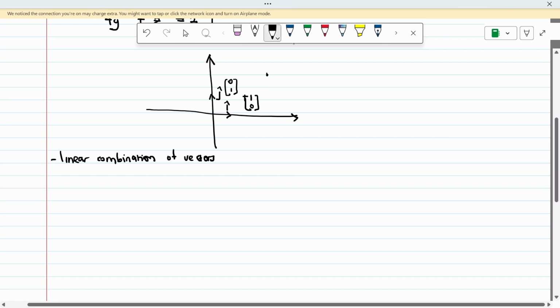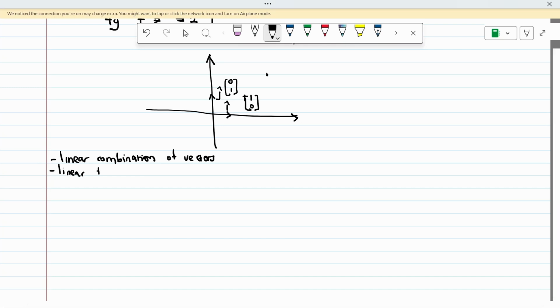And we also looked at linear transformations, and we realized that linear transformations represent kind of moving space. I'll be using a 2D example.